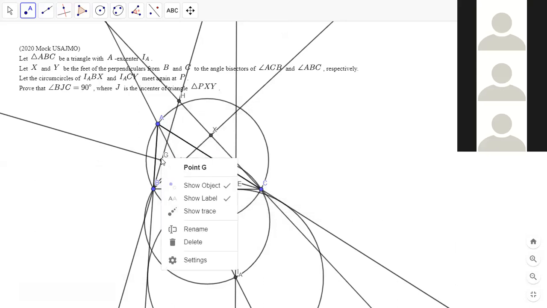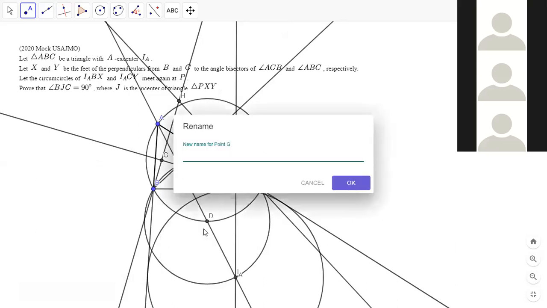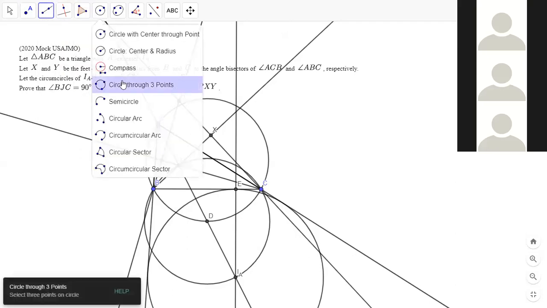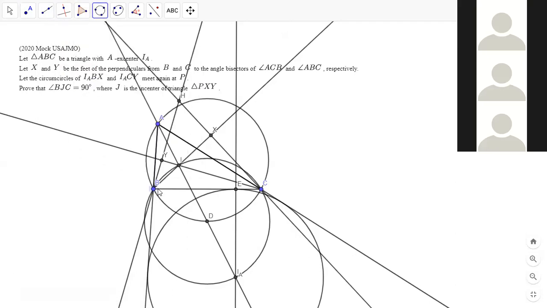Don't know if that really does too much, but figured it's worth drawing. So the circumcircles of IABX and IACY meet at a point P.